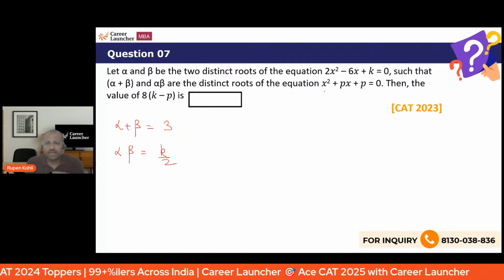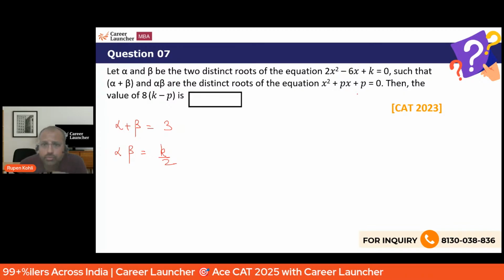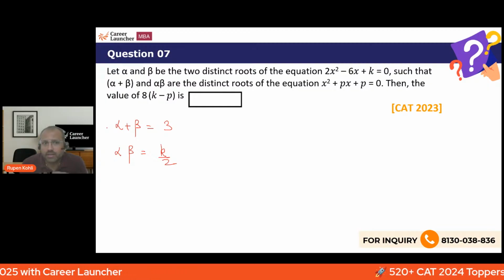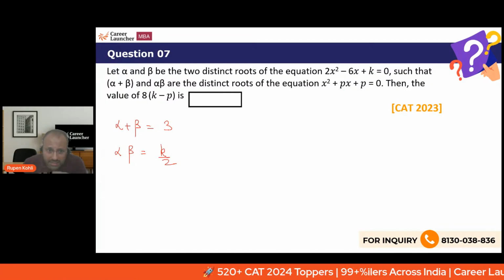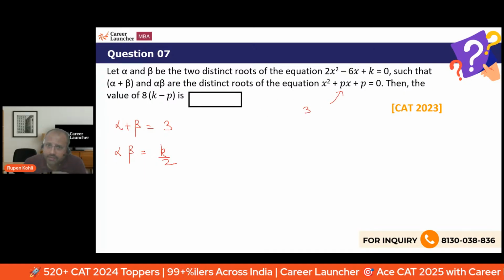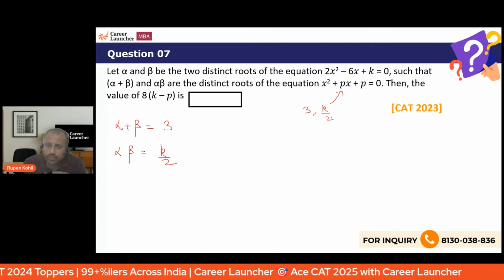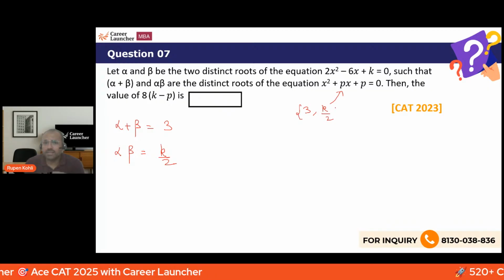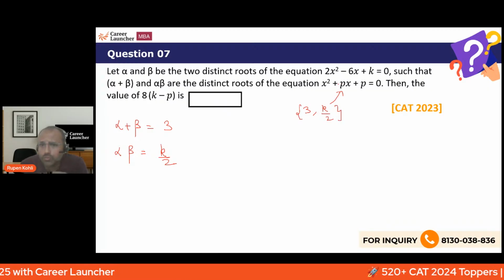Now for the second quadratic, we know its roots are these two expressions, right? Alpha plus beta and alpha beta are the roots of this, means 3 and k by 2 are the roots of this. So since we have to solve for k and p, now we should just write the equations in terms of the fact that these expressions are forming the roots of this equation, right?